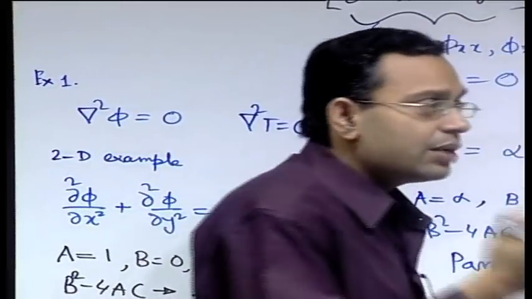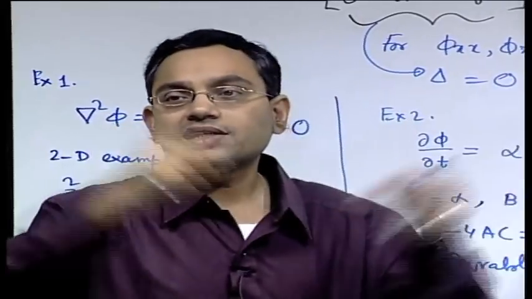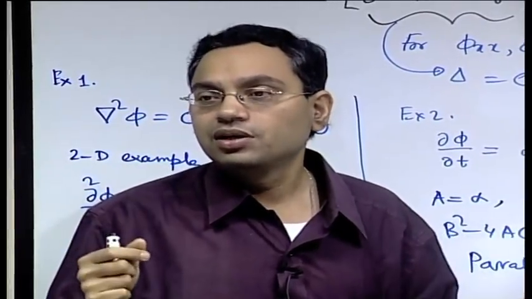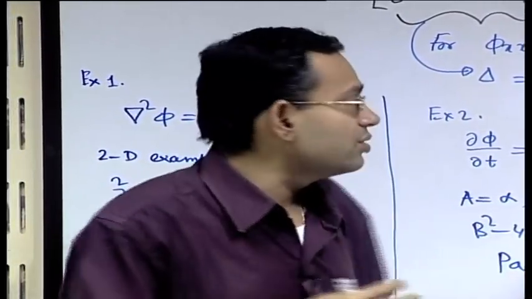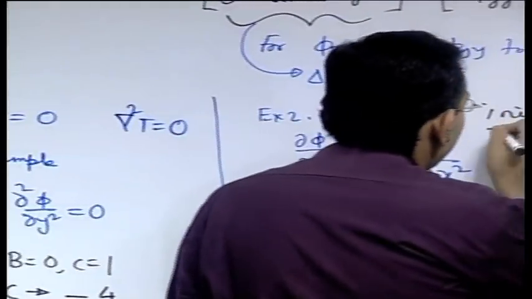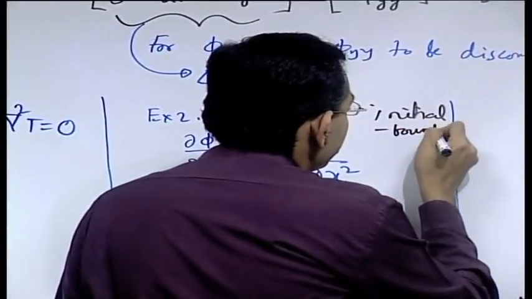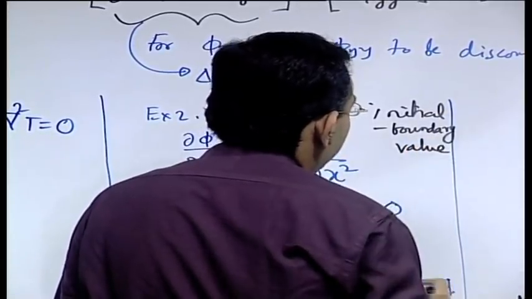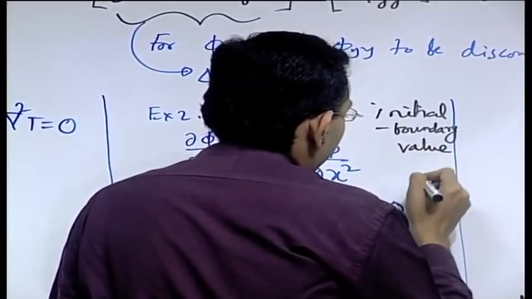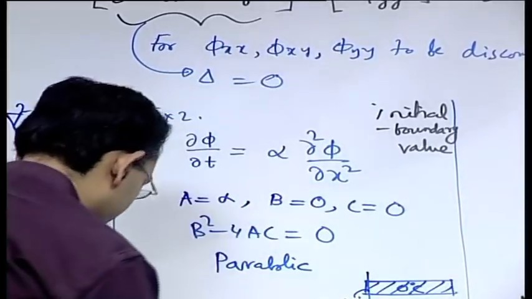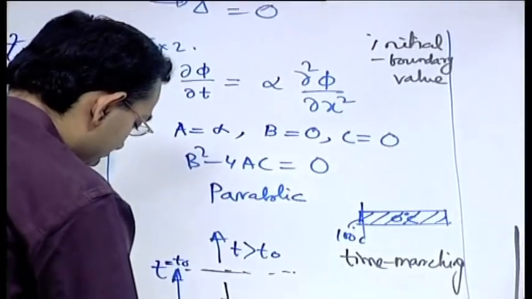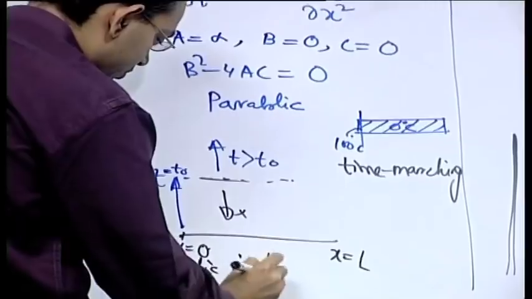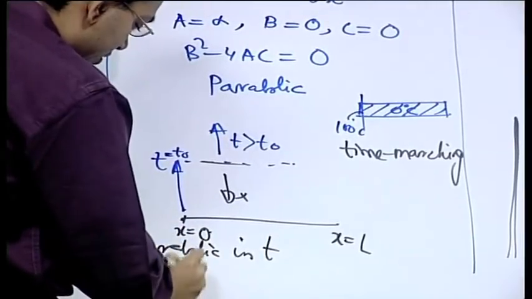But when the disturbance is imposed it still propagates in all directions at infinite speed. So that elliptic nature is also retained. So it is an initial boundary value problem, a combination of initial and boundary value, and it is basically parabolic in time and elliptic in space.